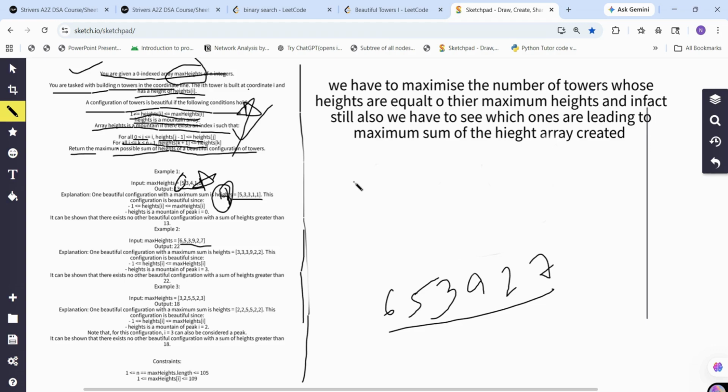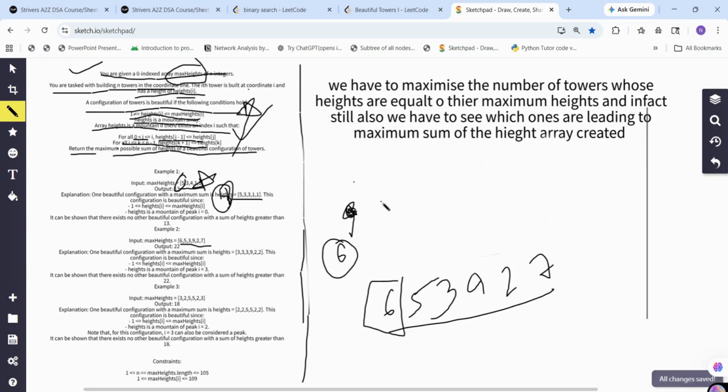You are trying to create, ending at index i, the maximum sum possible. Yes, that you can apply. So I will be using 6. Ending at index i, what would be the maximum sum possible? It's 6, possible.